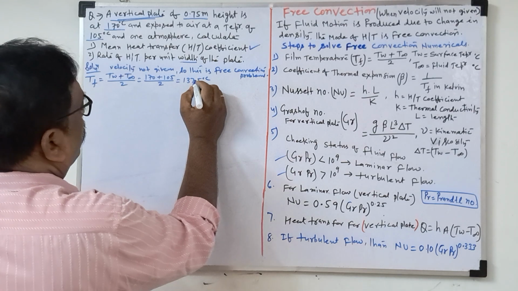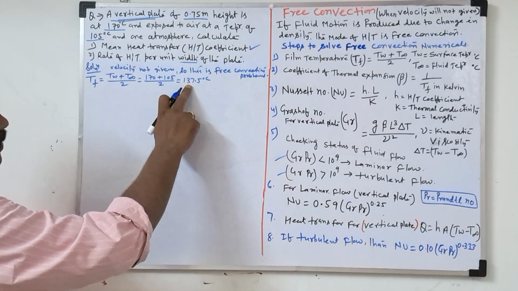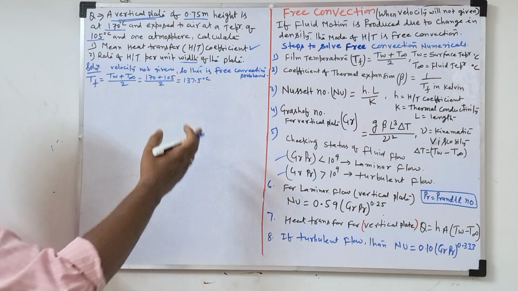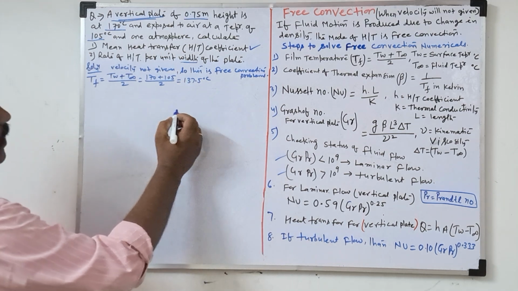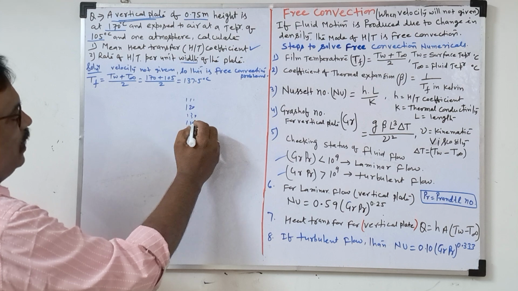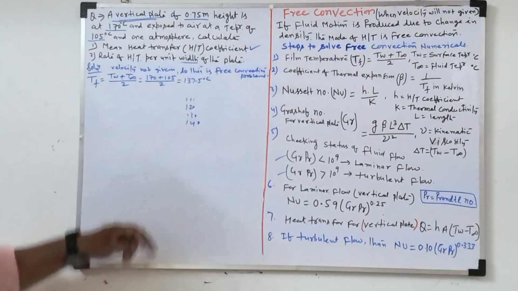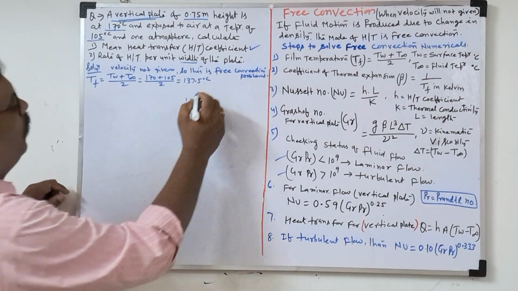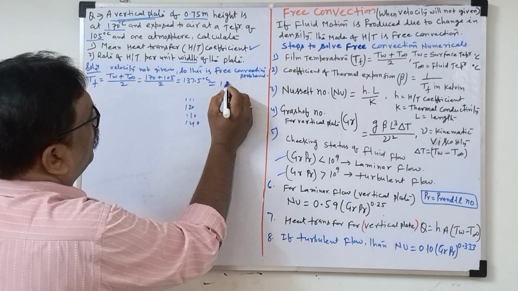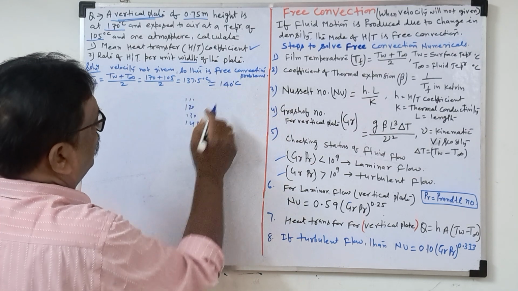Now, in the data book you will see values like 130, 132, 133, 134, 137. Values like 110, 120, 130, 140 will be there. So we'll approximate it, because this is more than 135. So we'll approximate 140 degrees Celsius.